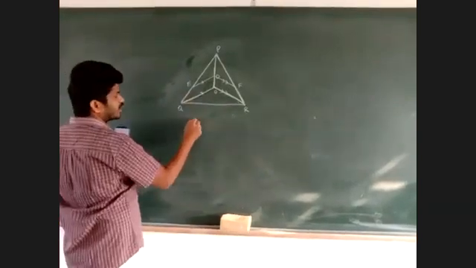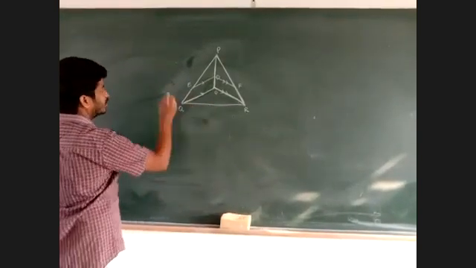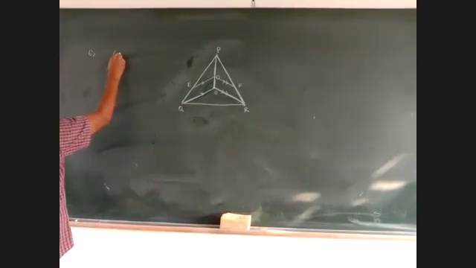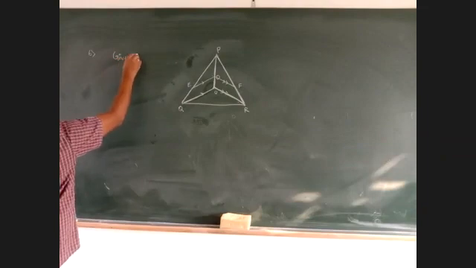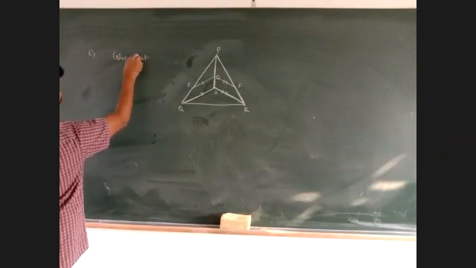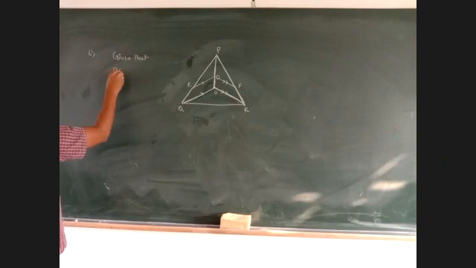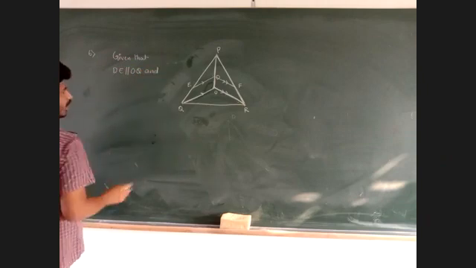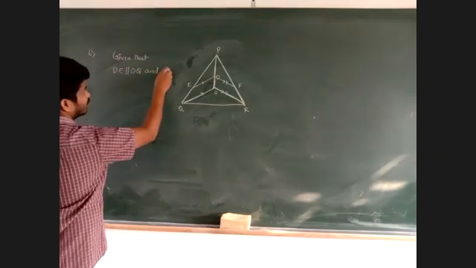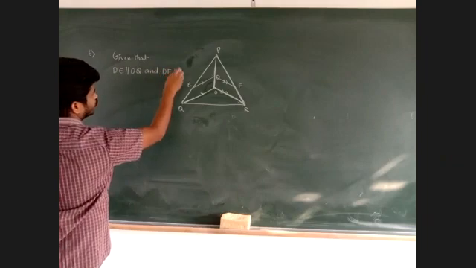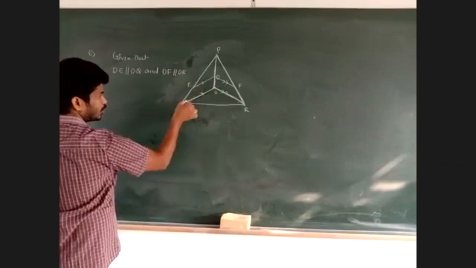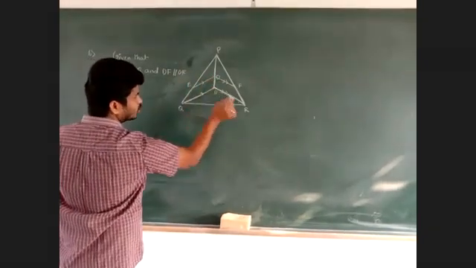So in this triangle POQ, question number 6, given that DE is parallel to OQ and DF is parallel to OR.